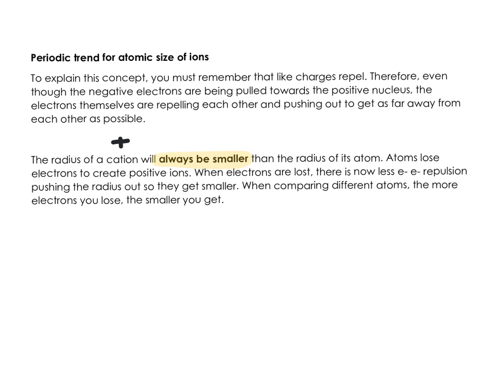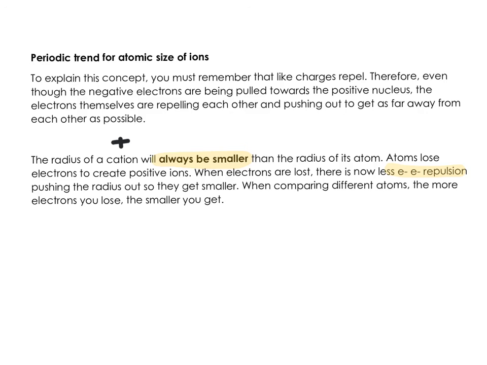Atoms lose electrons to create positive ions. When the electrons are lost, there's now less electron-electron repulsion pushing the radius out, so they get smaller. When comparing different atoms, the more electrons you lose, the smaller you get.